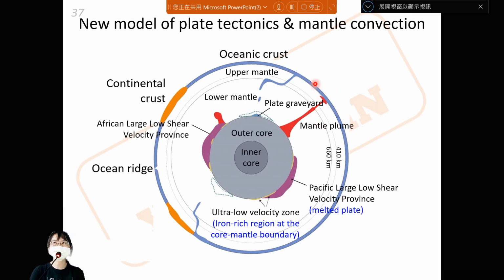And the most interesting part from the seismic tomography is that beneath the African plate and Pacific plate, they found two major low shear velocity provinces, here and here. This is believed to be the graveyard of subducted plates. That's what scientists believe regarding plate tectonics.